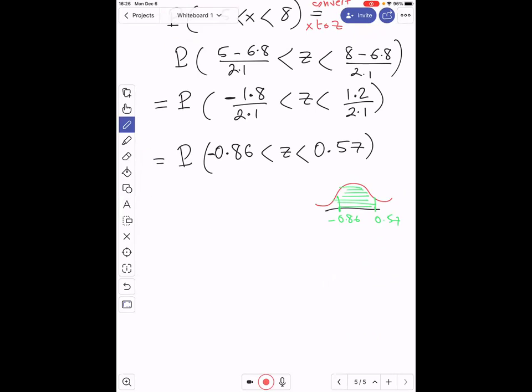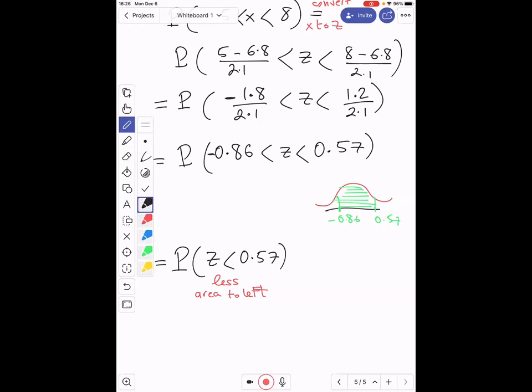So this is the area to the left of, so Z less than 0.57. So because it's less, then this is the area to the left minus probability that Z is less than the other. So the Z less than negative 0.86.